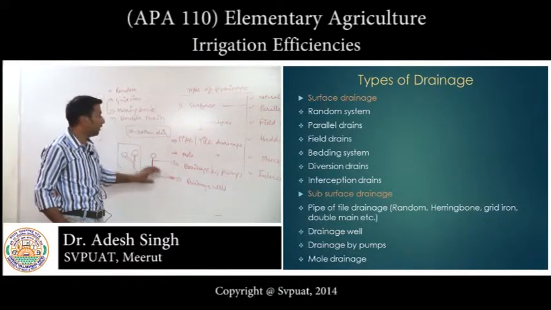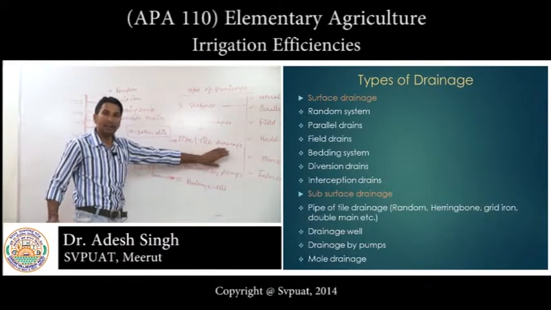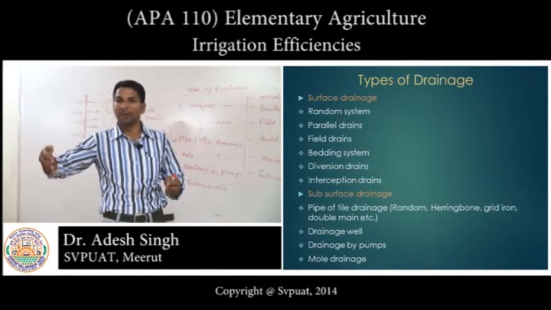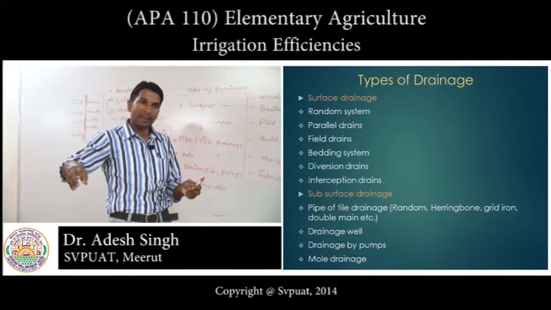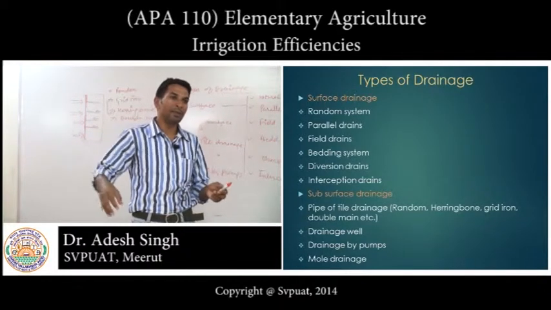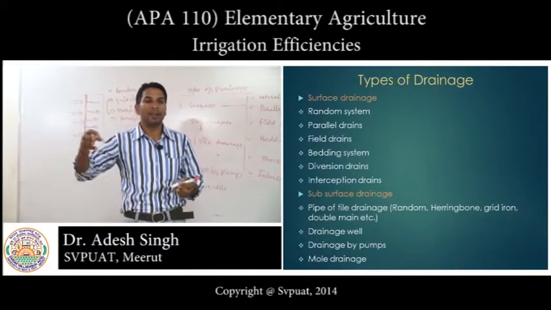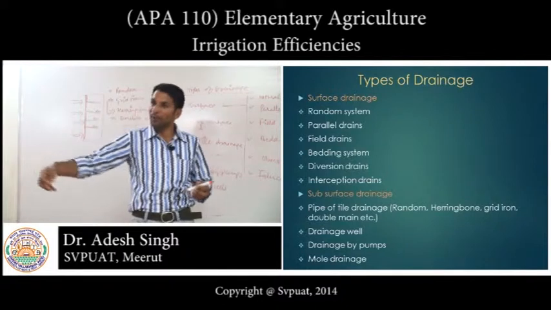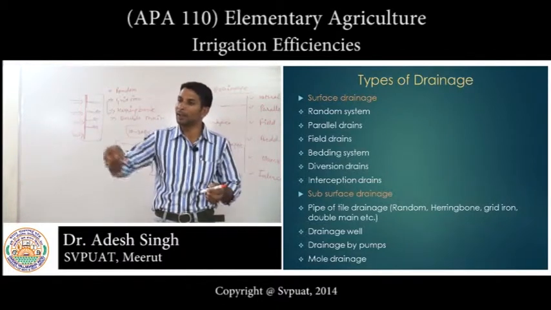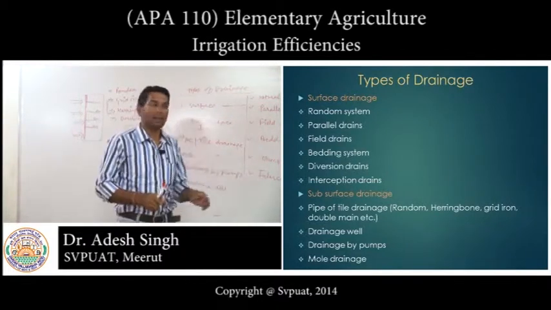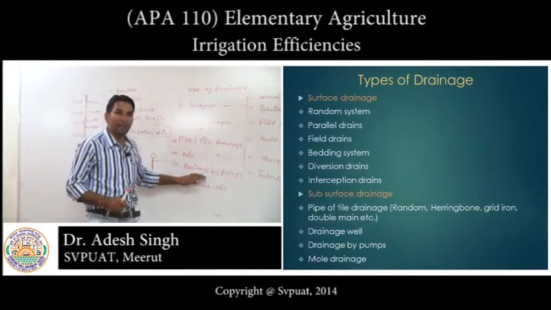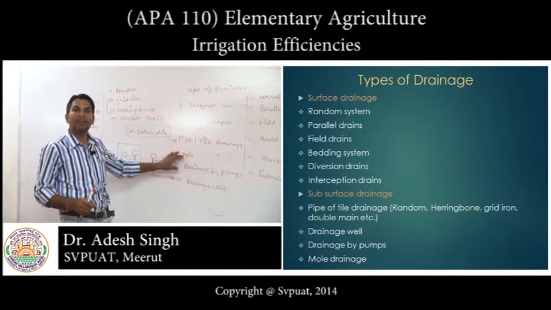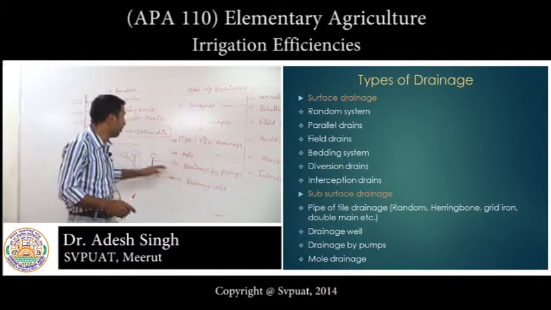Mole drainage is constructed with the help of a mole plow, and the mole plow places its share within the root zone and constructs a hole, and after that one complete line is constructed within the root zone, and this is particularly helpful in clay type of soils, whereas where the sandiness is more, the chances of blockage are more.